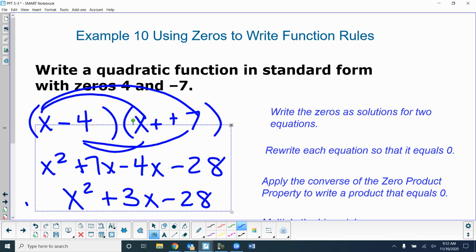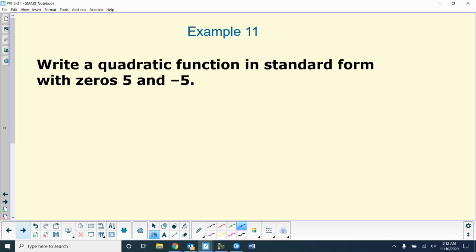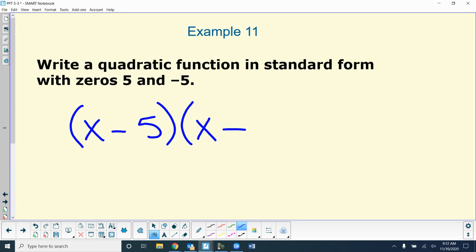Always start how? X minus. Then FOIL. You guys know how to FOIL, right? You got it. So, what do I do? X minus 5. X minus negative 5. Negative 5 makes it plus 5, right? Yeah.